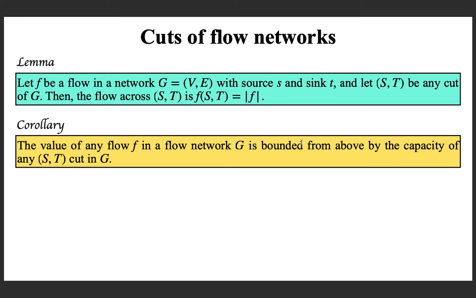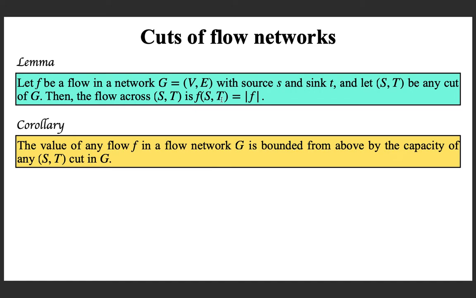And it is a corollary of this lemma because the lemma says that the net flow across the cut is the same as the given flow value. And what can be the maximum flow across the cut? It is upper bounded by the capacity of the cut. I hope you remember from the previous slide, otherwise please go back.